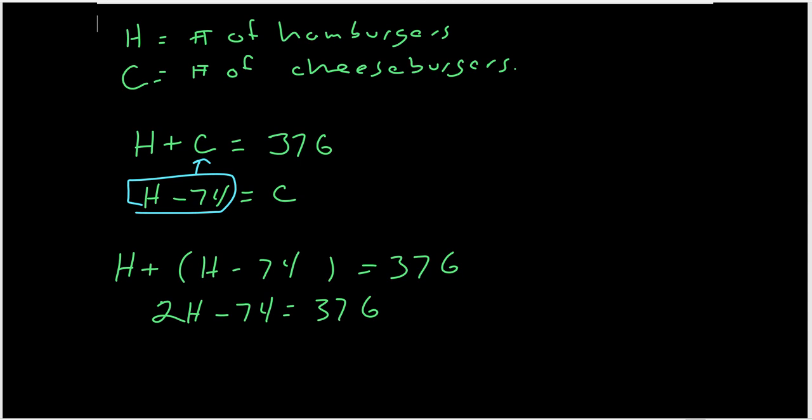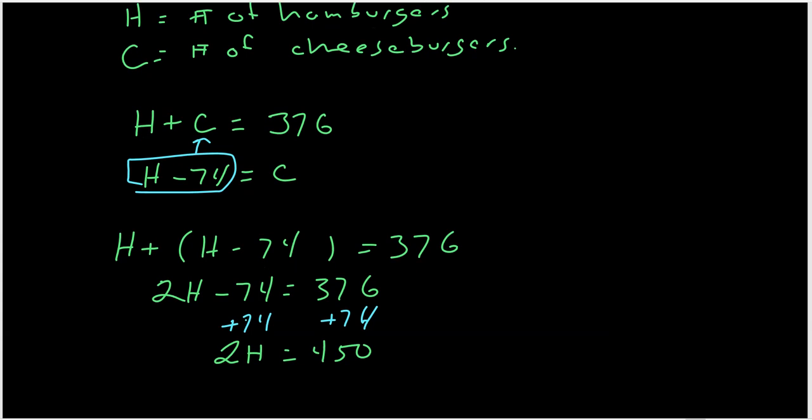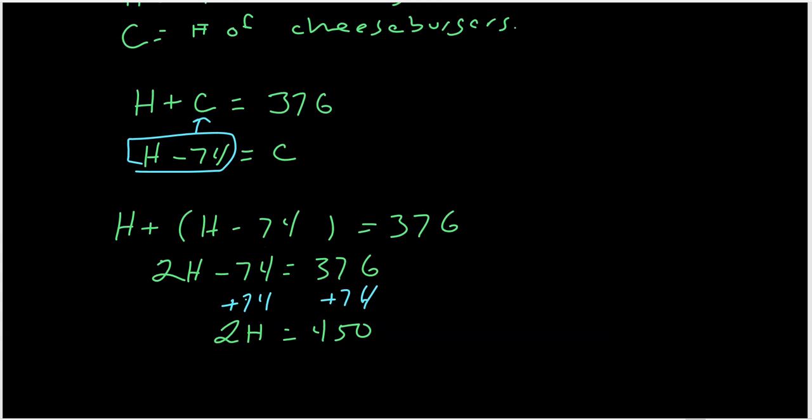That gives me 2H equals 450. Then I'll divide both sides by 2, and that means the number of hamburgers sold is 225.